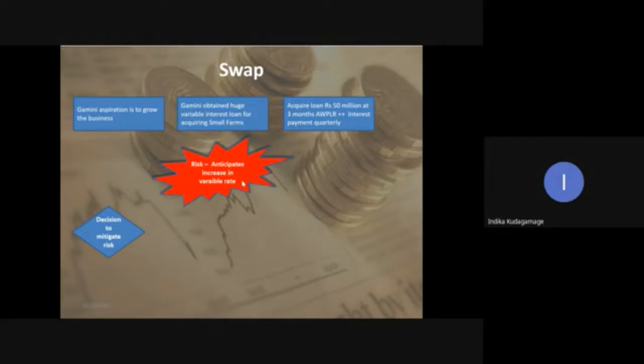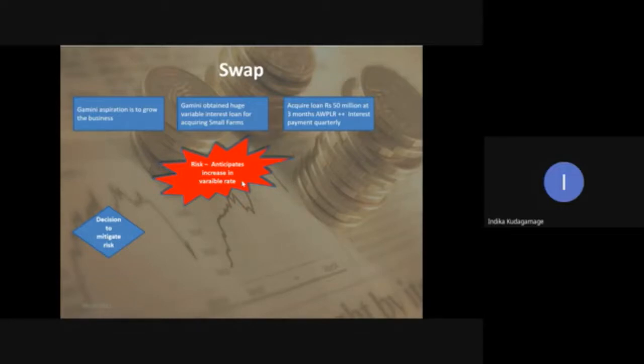There's another person who has a similar loan, 50 million, 5-year repayment, monthly capital repayment, and a fixed interest rate of 12%. Right? For the 5 years, the rate is fixed.